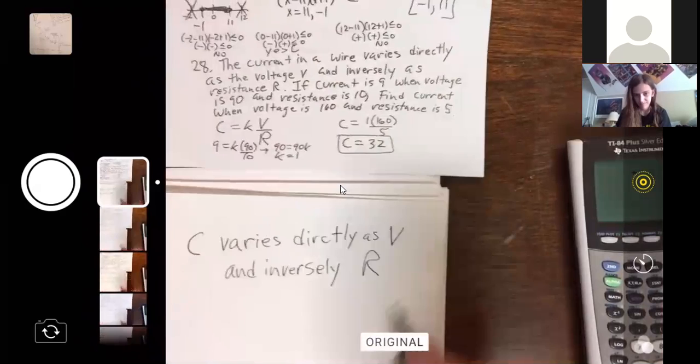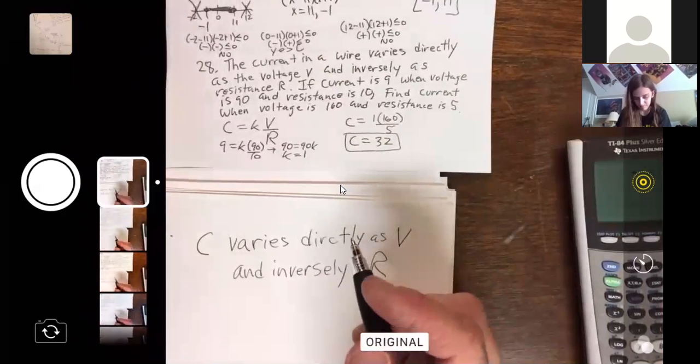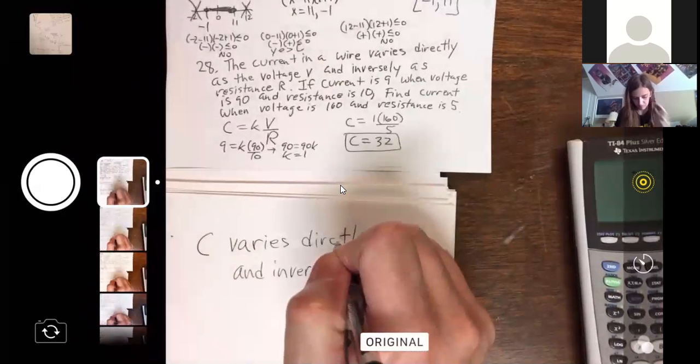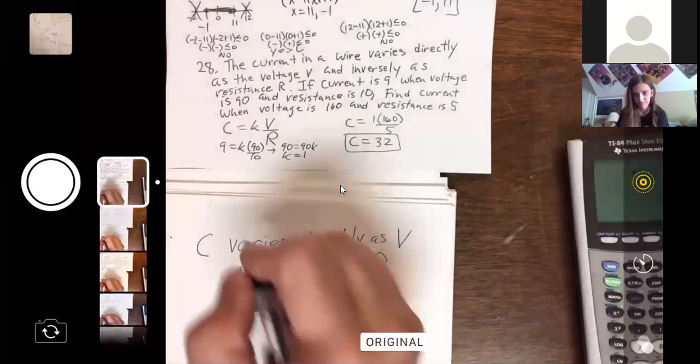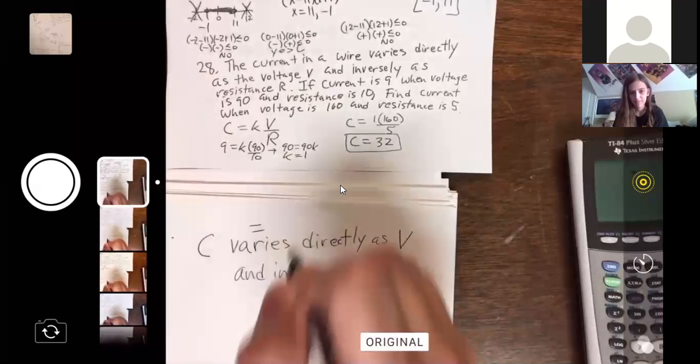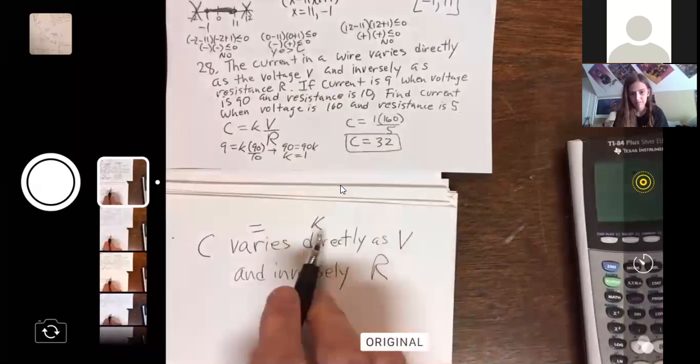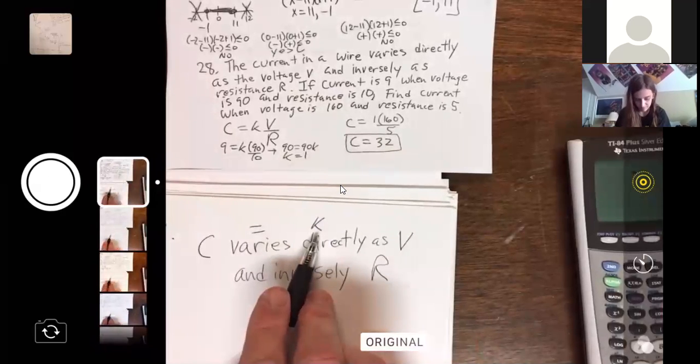Okay, so if you remember that varies directly, when you had that, you used an equals where the varies was, and you always brought in a K for a constant of proportionality.